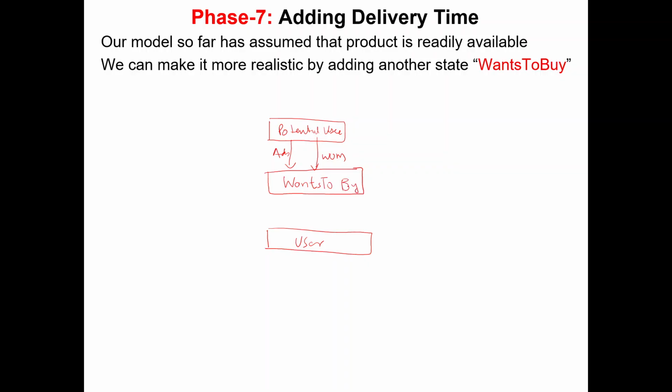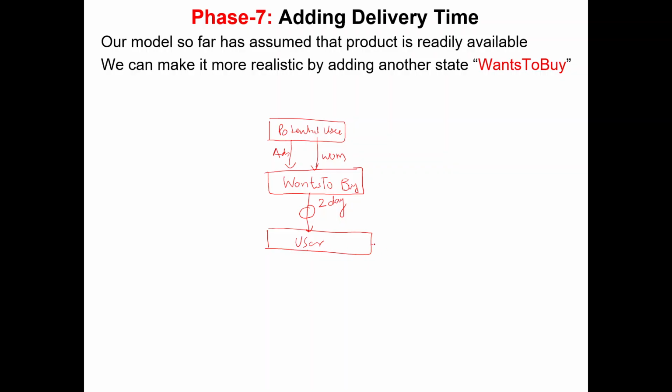Once they are in this wants to buy state, they will buy the product. Let's say the purchasing will be a time-based decision, that means this transition will be triggered by time. So let's now keep the time to get the product as 2 days. After 2 days they will shift from the wants to buy to the user state.